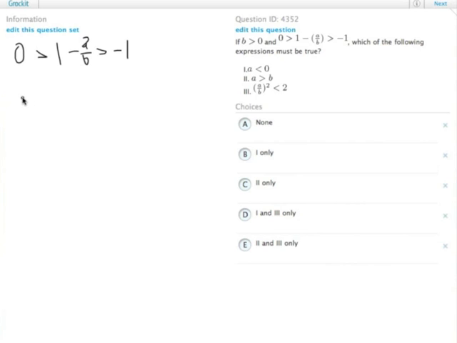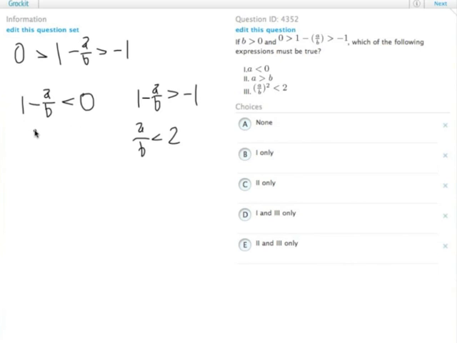We have 1 minus a over b is less than 0. And then we also have 1 minus a over b is greater than -1. So 1 minus a over b greater than -1, we can add the a over b to both sides and then add 1 to both sides, and we end up with a over b is less than 2.